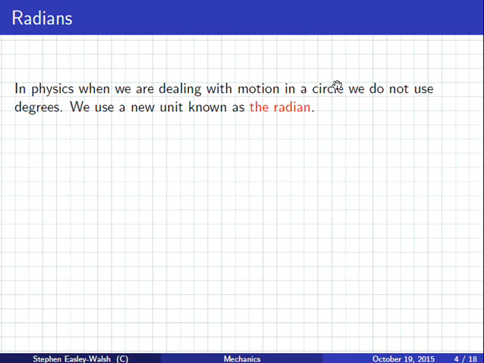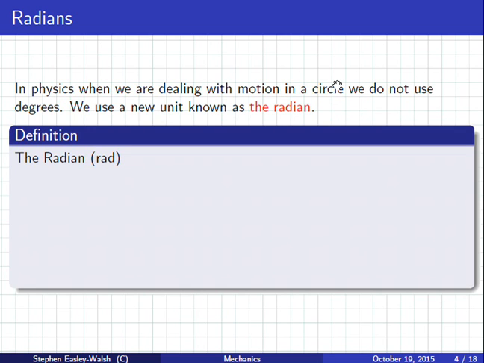But for this lesson, we use something new called a radian. The radian is defined as follows: 1 radian is 57.3 degrees.